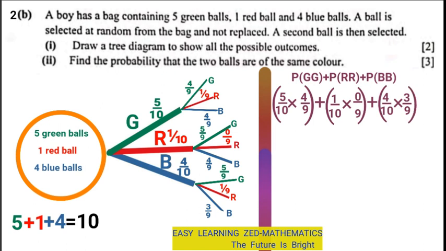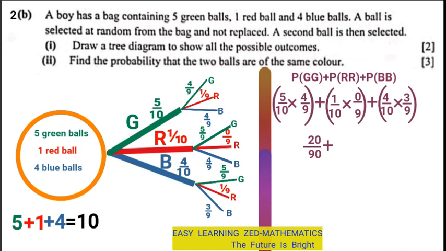Once we have done this, the next thing is to multiply the numbers inside the brackets. The first bracket is 5 over 10 multiplied by 4 over 9. So 5 multiplied by 4 gives us 20, over 10 multiplied by 9, which gives us 90. Plus, the second bracket is 1 over 10 multiplied by 0 over 9.